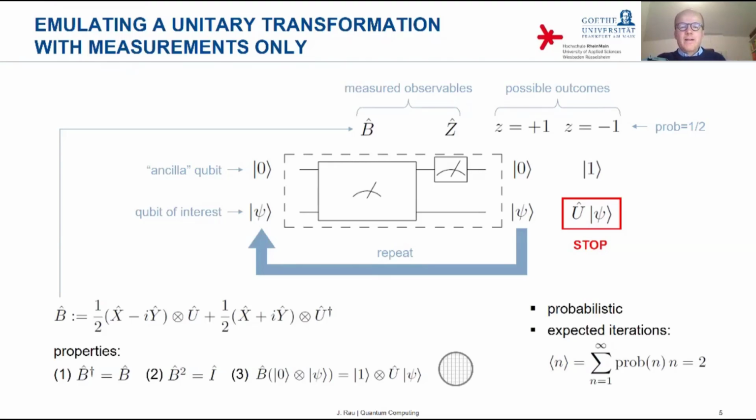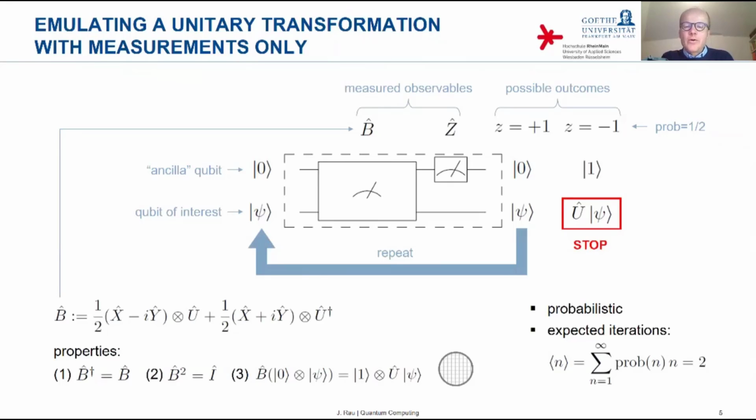Now this can be extended to transformations of more than just one qubit, to multiple qubits. So you can implement by way of measurements not just single qubit transformations, but also multiple qubit transformations. And this then means that measurement-based computation is just as universal as the gate-based computation.